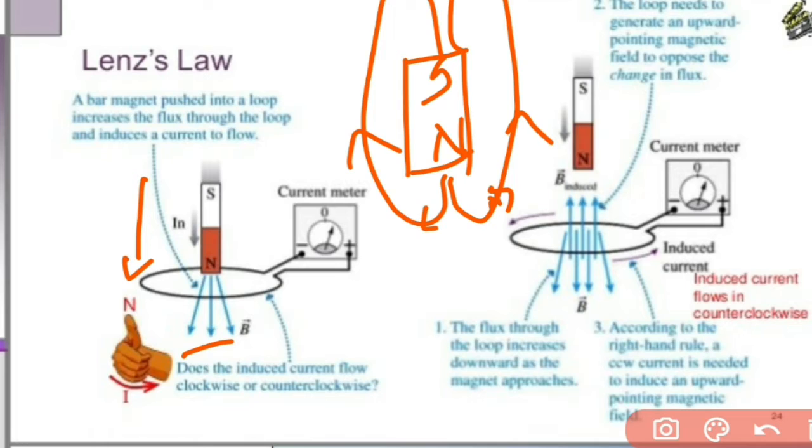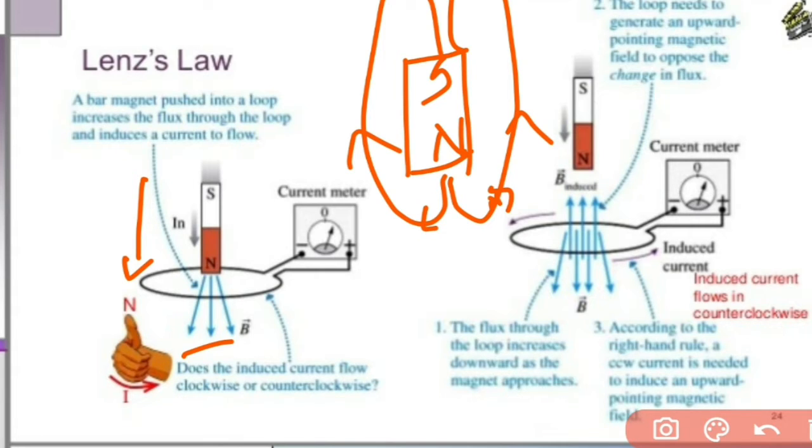So when the north pole approaches the loop, in the downward direction, the magnetic field, or magnetic flux, is increasing.